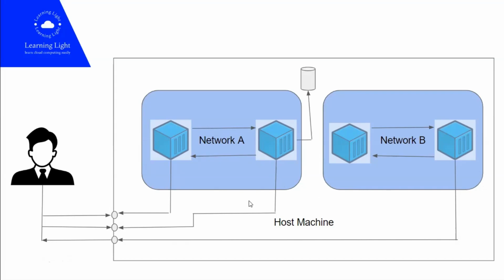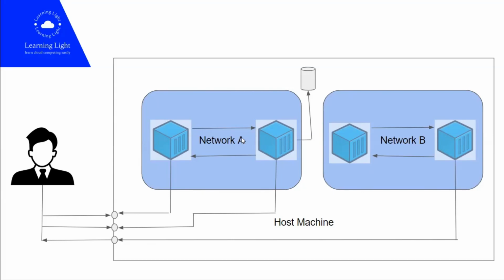Similarly, other cases are true. Also, there is a volume mapping of a particular file system of this container to a file system of the host. In this way, we can manage these networks internally to have a network layer. Now we can go ahead and jump into the console to see how the network actually works.